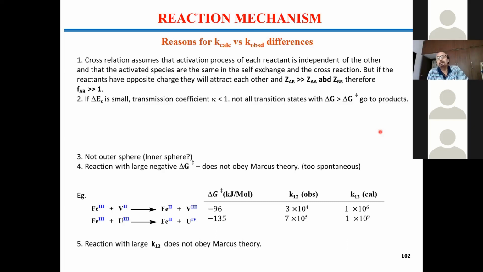And there we have noticed that the equation contains the self reaction rates, that means any cross reaction has the two self reactions, and the self reaction rates for both reactions, and the equilibrium constant of the cross reaction.